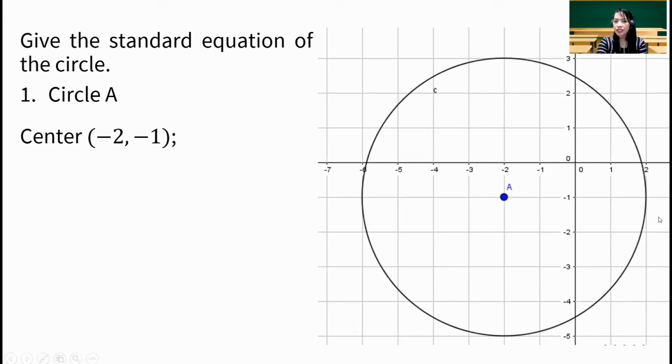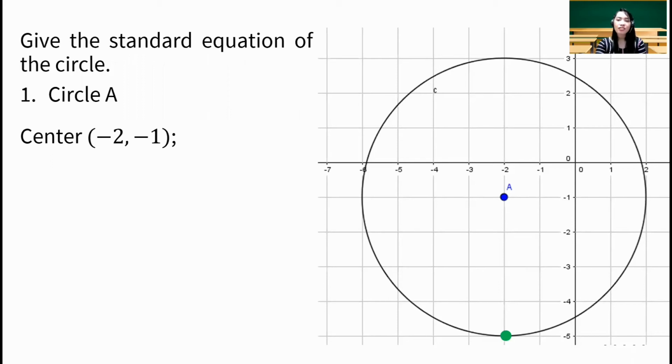To get the radius, you can just easily count the number of units from the center to this point, that is at point (-2, -5). So just count. We have here from the center, 1 unit, 2 units, 3 units, 4 units. Therefore, the radius is 4 units.